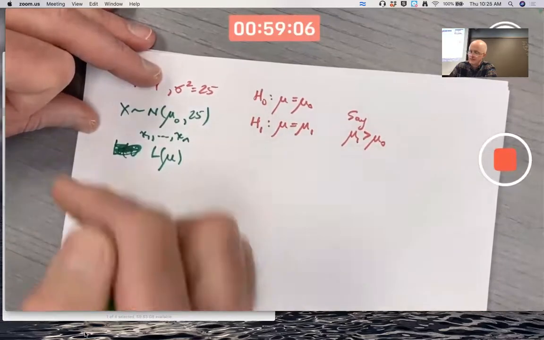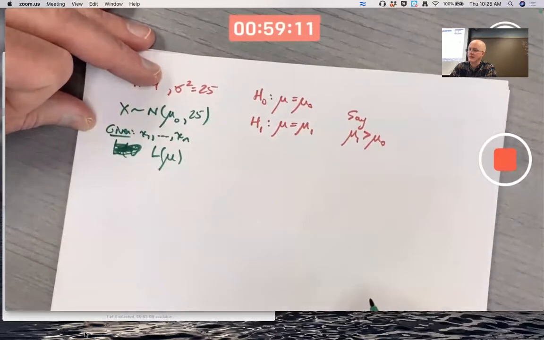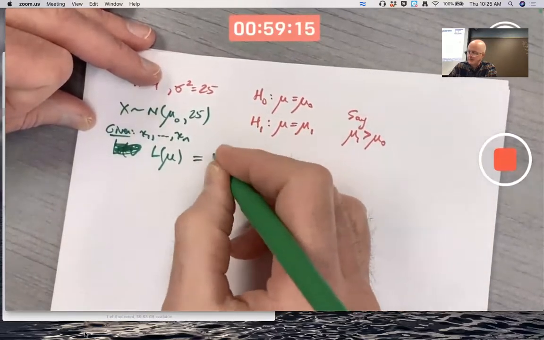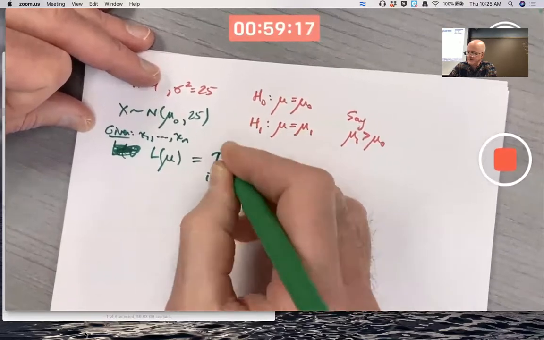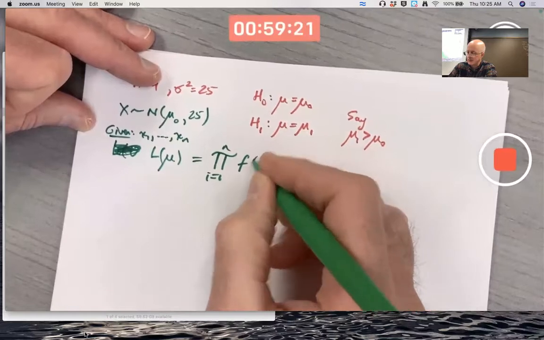We're given those numbers so that the likelihood function as a product of PDF values is indeed a function of mu.